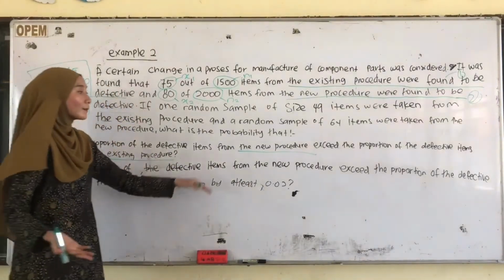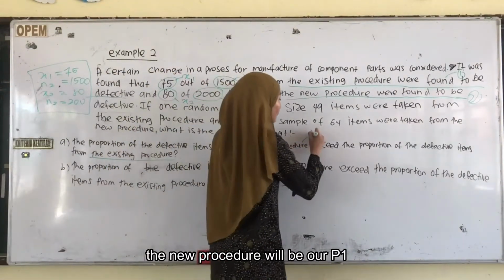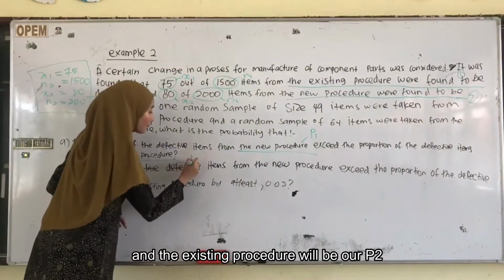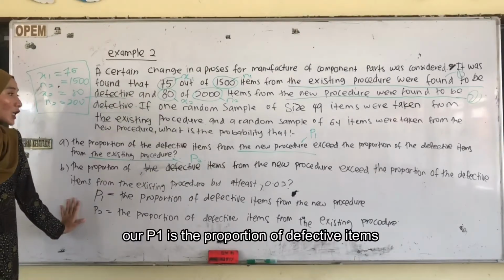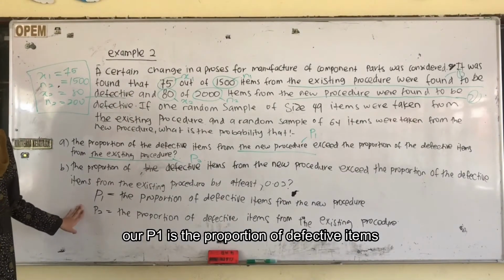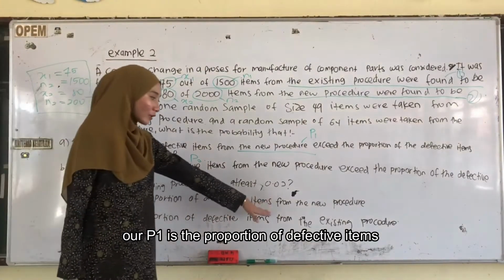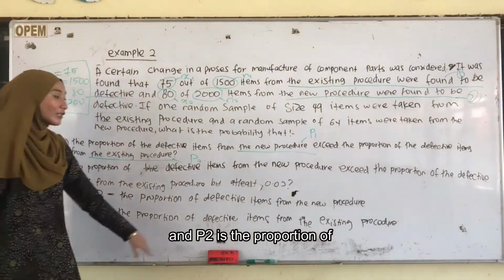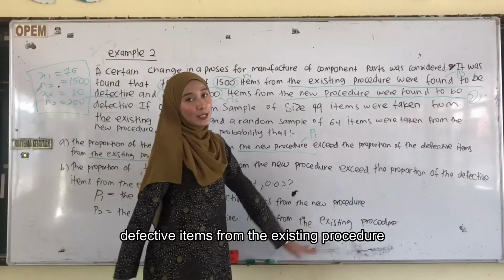So new procedure will be our P1 and the existing procedure will be P2. So our P1 is the proportion of defective item from the new procedure, and our P2 is the proportion of defective item from the existing procedure.